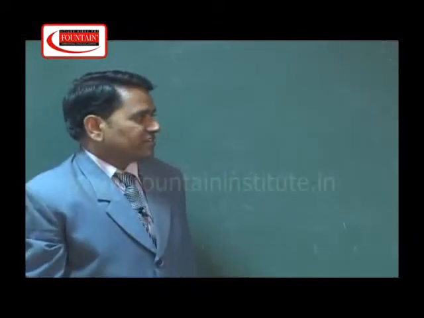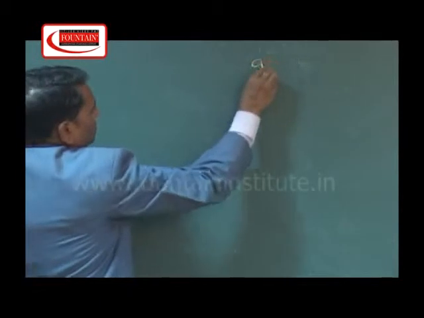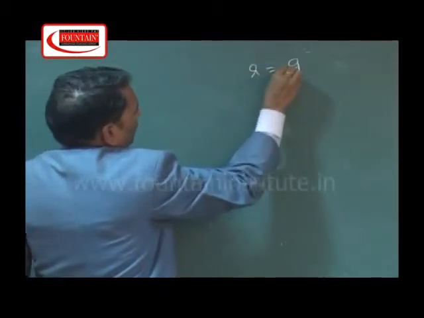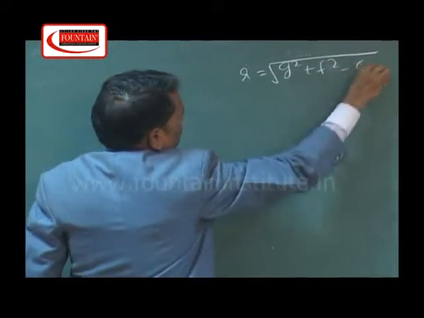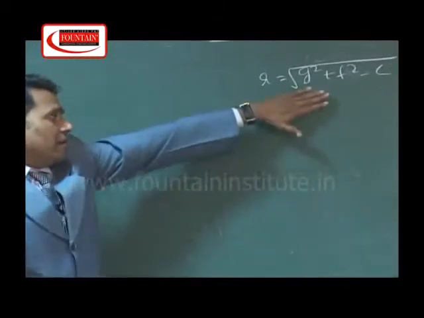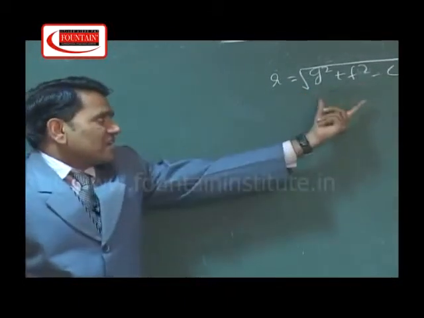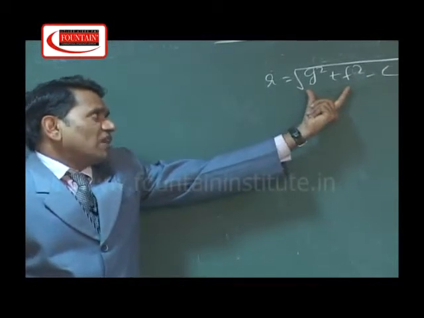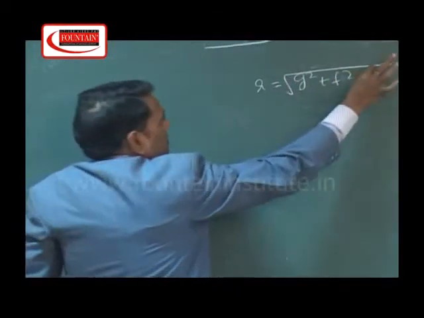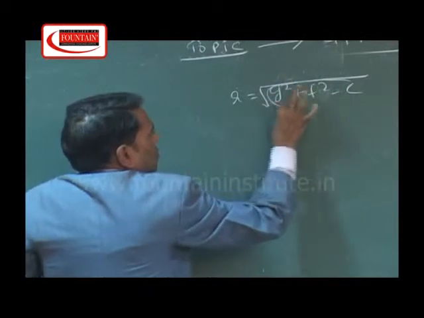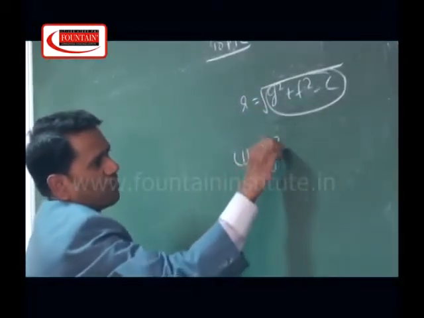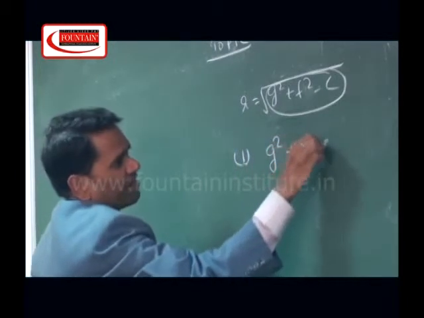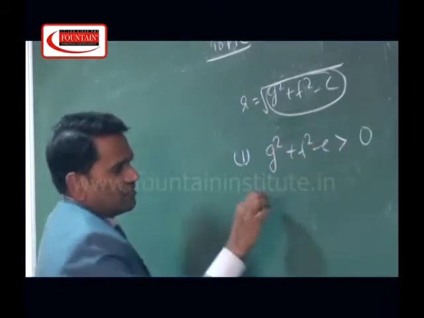Now guys, we have seen r is equal to under root g square plus f square minus c. For this to be defined in the real domain, this should be more than or equal to 0. Case 1, as I told you, g square plus f square minus c is more than 0, it is a real circle.